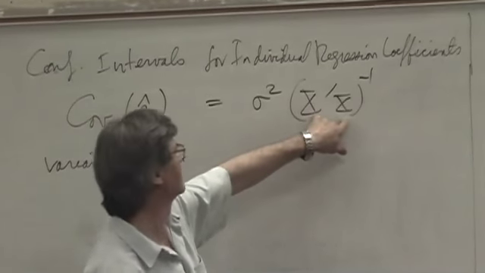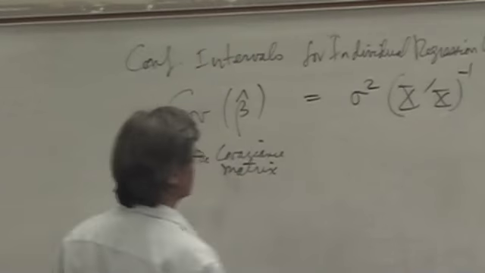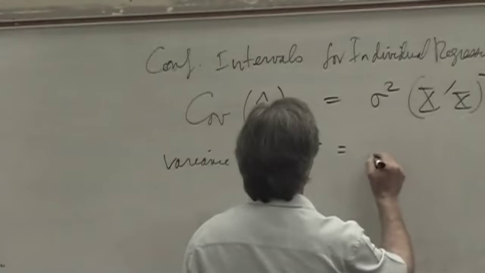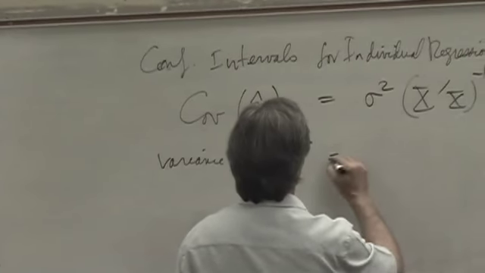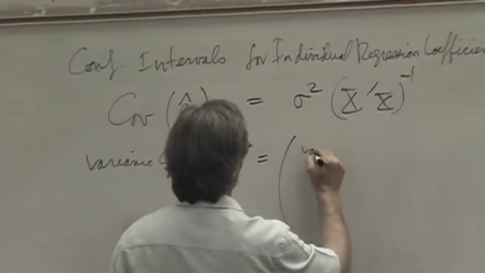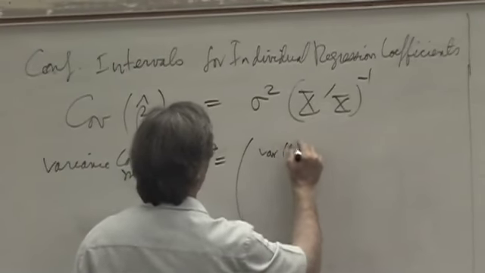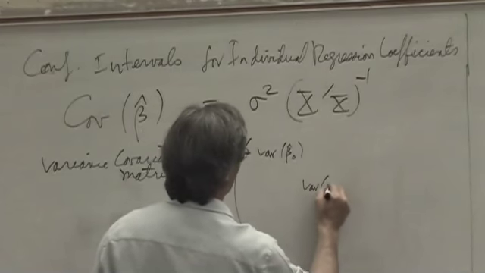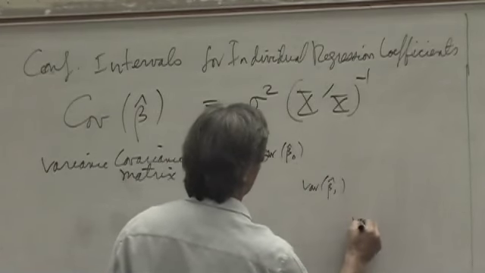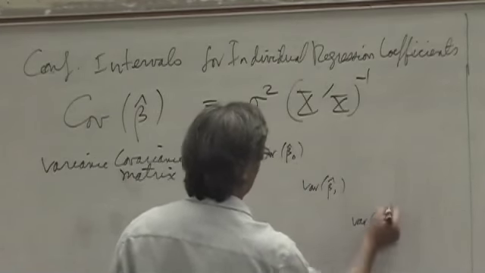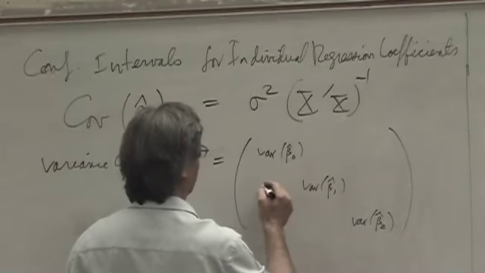Of course, this comes out to be the variance of beta 0 hat, the variance of beta 1 hat, and the variance of beta 2 hat along the diagonal. And then on the off diagonals you have covariances.